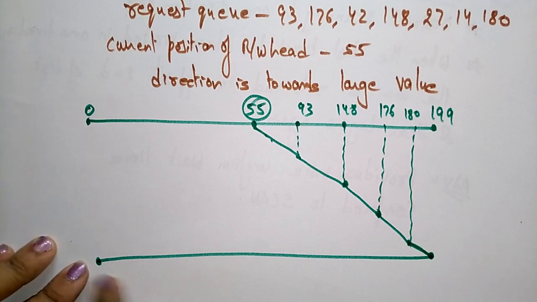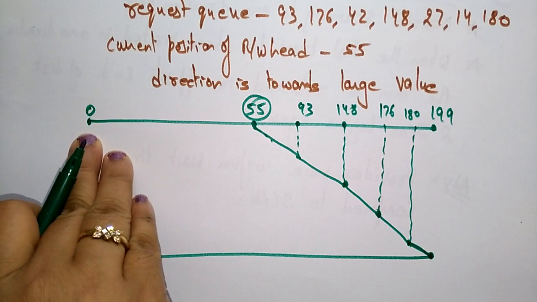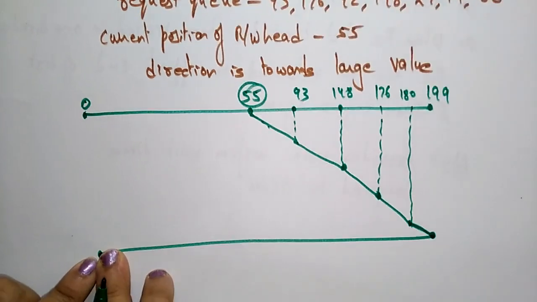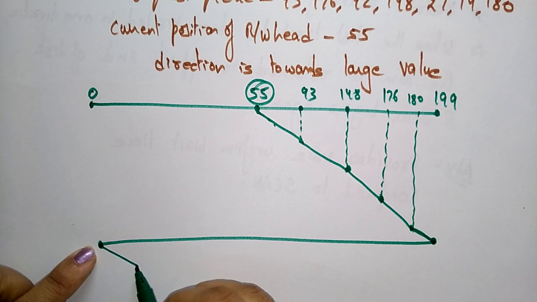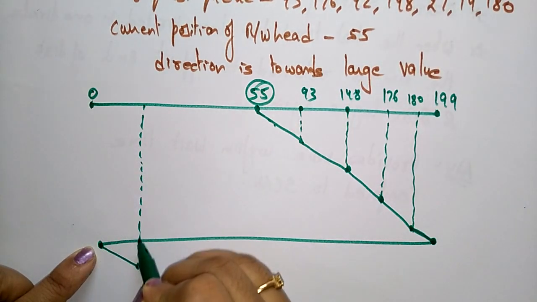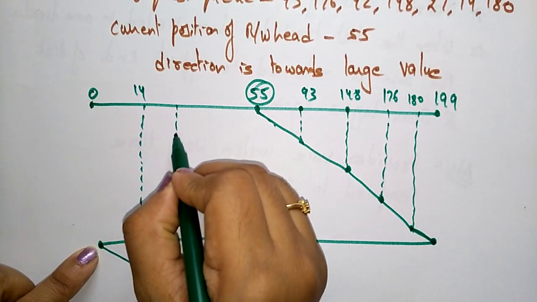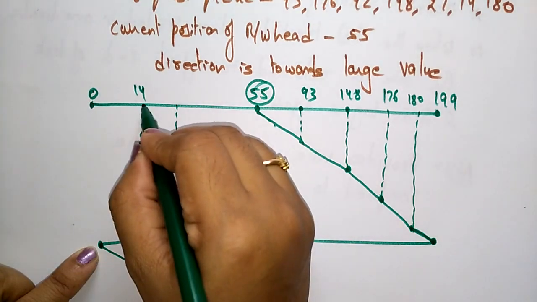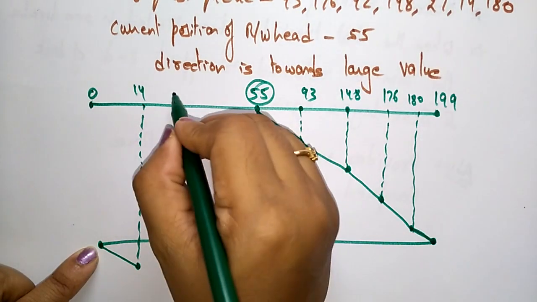In the circular scan it reaches the opposite end. The opposite of 199 is 0, so it directly goes to 0. From 0, it visits first 14, since the next largest value after 0 is 14. The next largest value after 14 is 27.